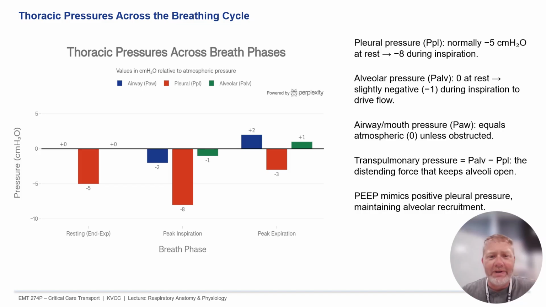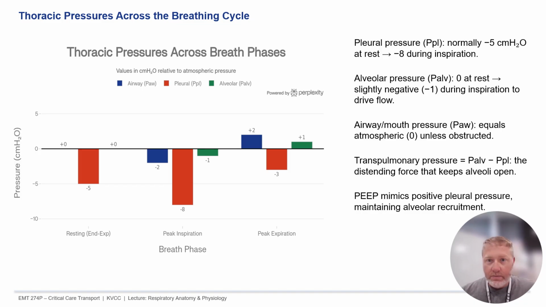One of the more complicated aspects of the whole breath process is thoracic pressure and the different types of pressure, transpulmonary, etc. So let me walk you through the thoracic pressure values that drive normal breathing. These numbers come up constantly in critical care and on certification exams.